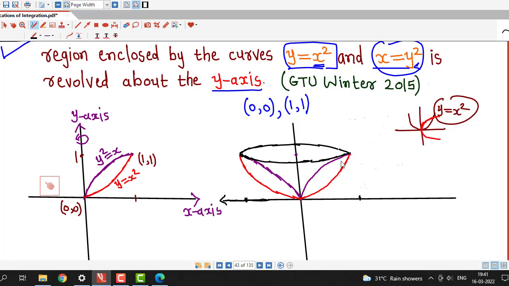So this will be the solid generated by rotating this plane region about the y-axis.